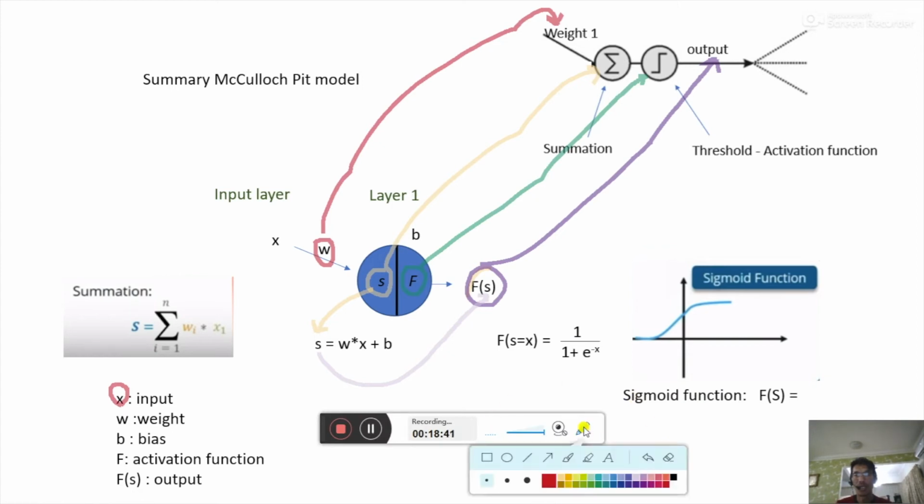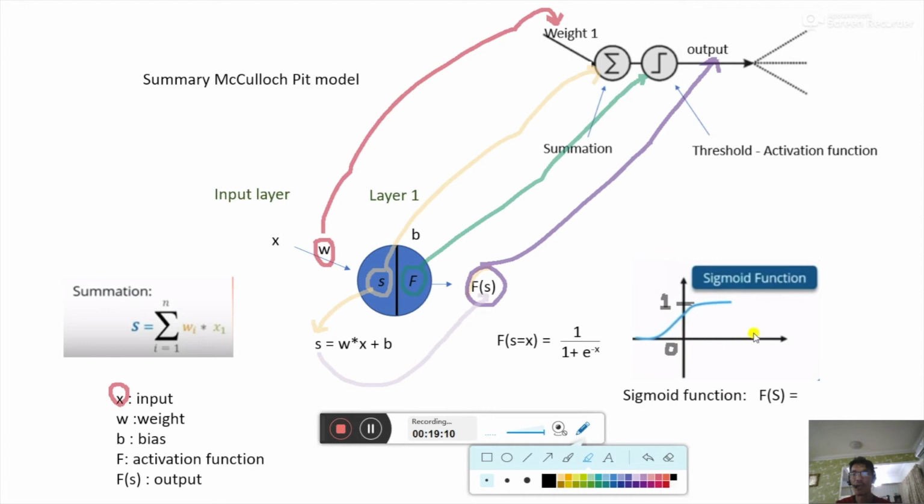Let me put in color. Black. Here they put 1, here is 0. This is X, this is Y. Y is the output and X is the input.